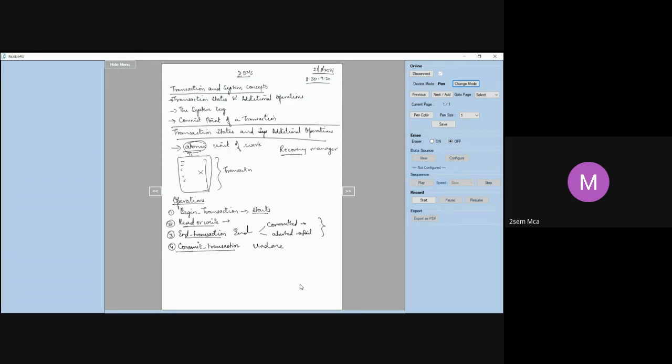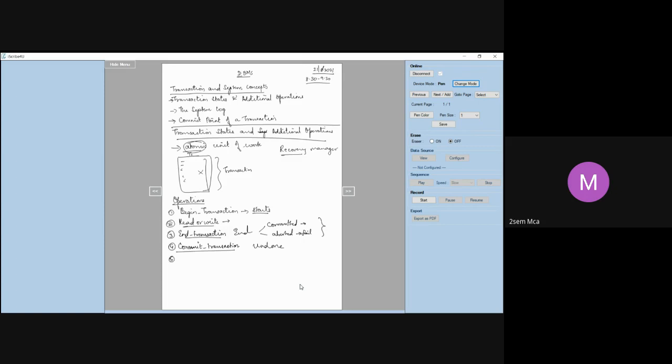You cannot undo anything once you have committed. That is what we have seen in lab also, during SQL operations we keep executing commit. Commit means whatever you are trying to create, whatever you are trying to insert into your table, it gets permanently recorded in the database. You can't undo them, right? So that is your commit.